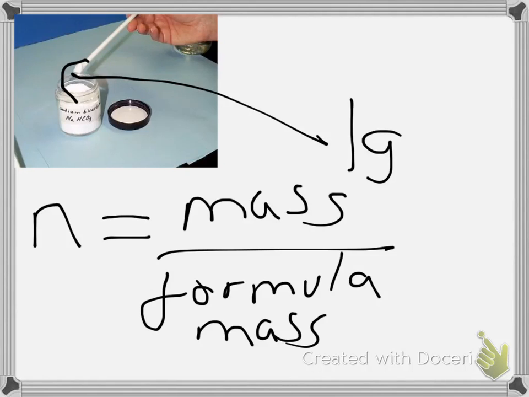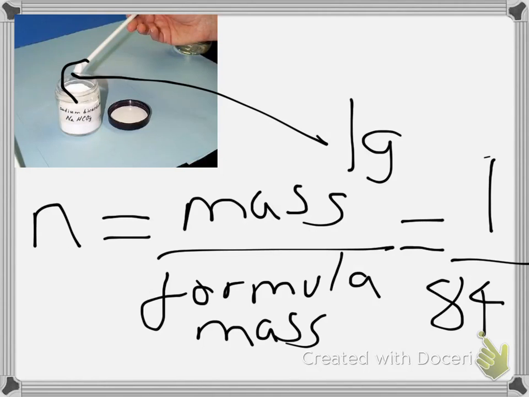I know my mass is 1 gram, and we worked out in the previous section that my formula mass was 84 grams. So I've got 1 over 84 moles. That's my number of moles. So in that 1 gram sample, I have 1 over 84 moles of sodium hydrogen carbonate.